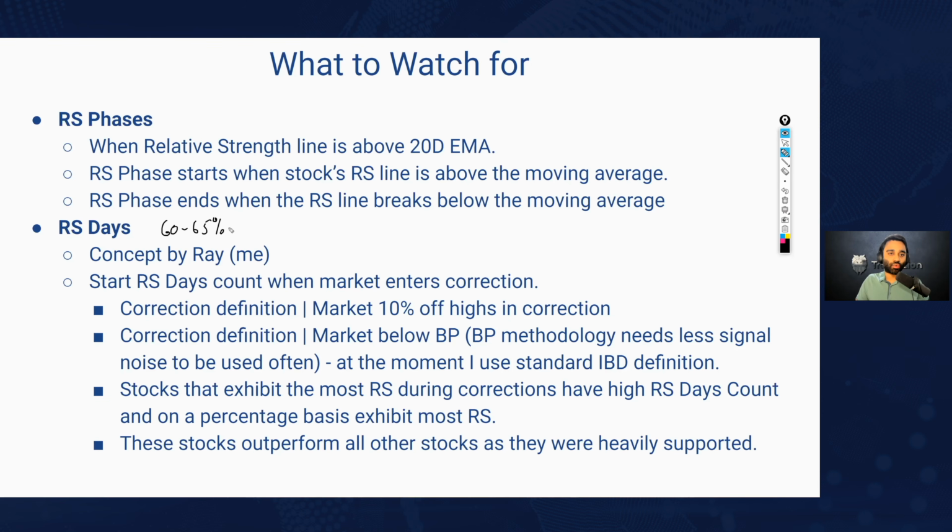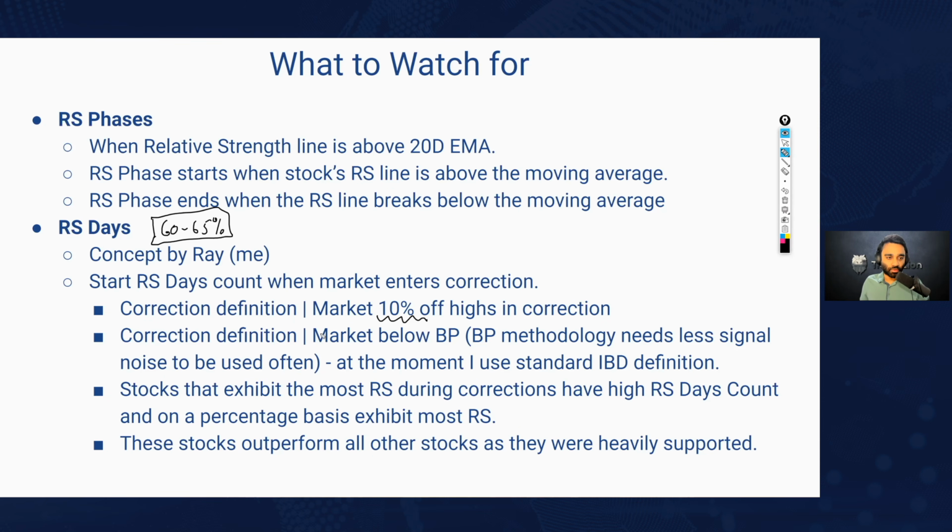Many winners in 2020, 2018, and 2015, when the market was in corrections, or January 2018, we had an early correction. When stocks meet the threshold, if they're outperforming 60 to 65% of the time, they tend to be the biggest winners in the market once the market pressure lifts. With respect to this concept, I still use the IBD definition of the market coming off 10% off the highs.